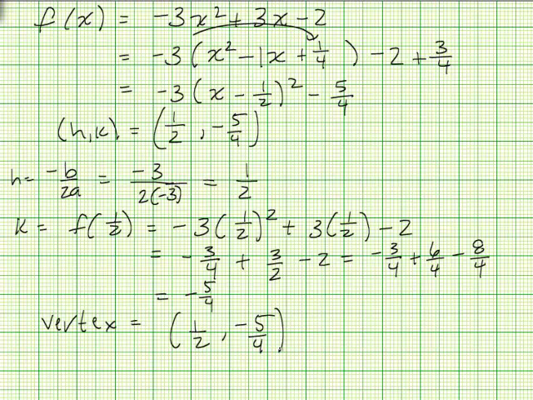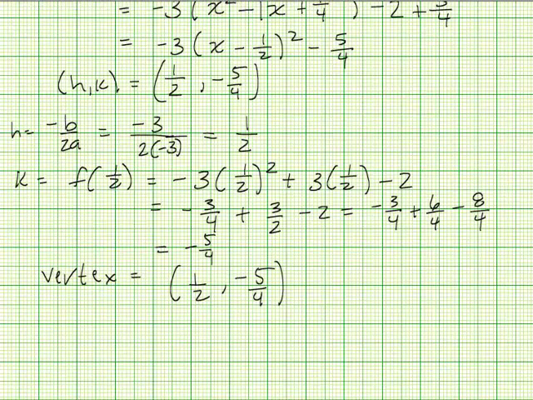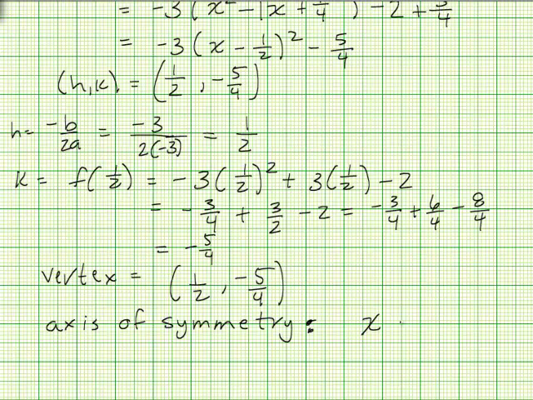So there's our vertex. Finding our axis of symmetry is now easy because we know that it goes through the vertex. So we know that the axis of symmetry is at the line x equals 1/2, because it goes through the vertex, so it's equal to h essentially.